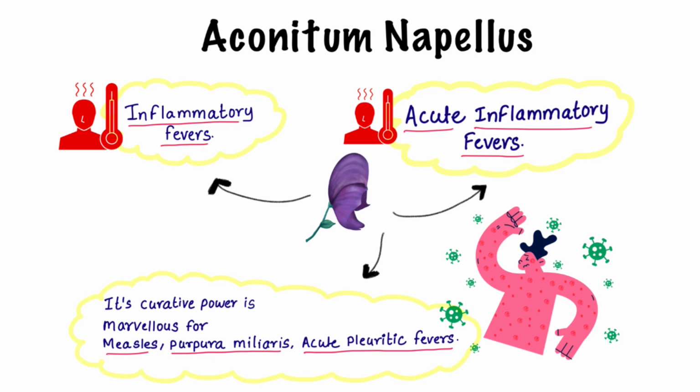Now the thing is that when we read Materia Medica Pura, whatever words are given which tell you the pathology of a disease or a name of a disease or a clinical name of a disease, then it's our duty to read and revise that topic again, because it gives us the knowledge about the clinical symptoms of a disease, and it helps us to select the proper homeopathic medicine for given clinical conditions.